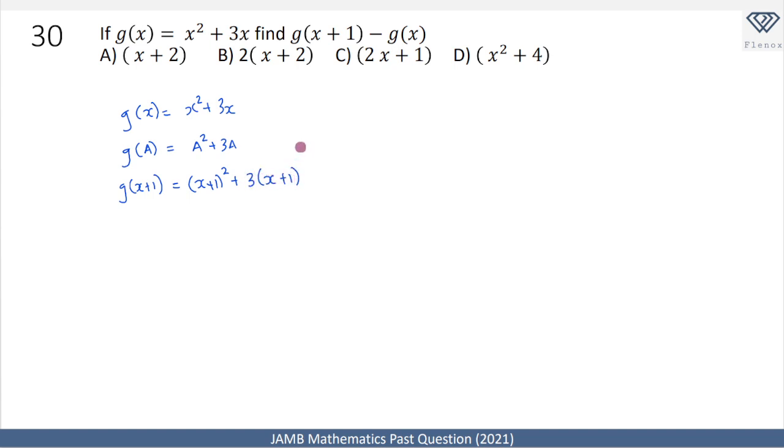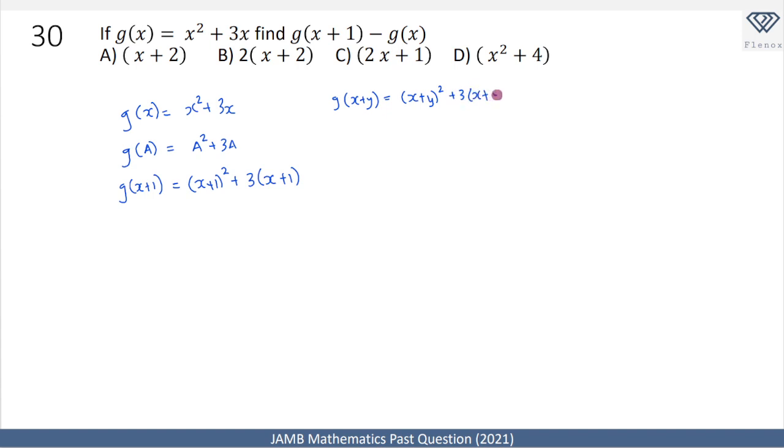Again, just as an aside, what would be g of (x plus y)? The same concept is just to replace everything you have here as the value of x alone. So this is going to be (x plus y) squared plus 3 times (x plus y).